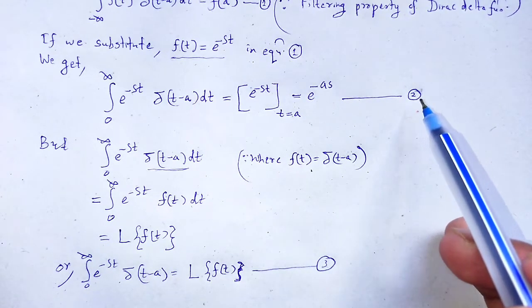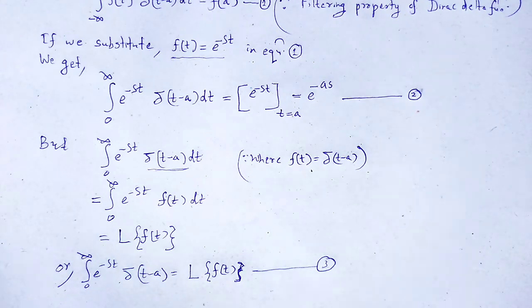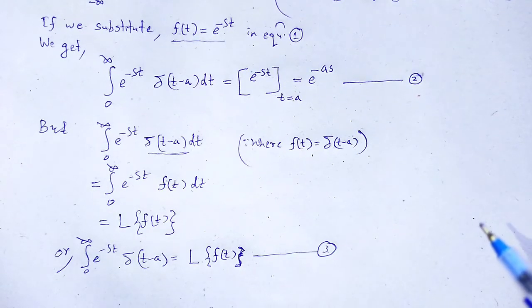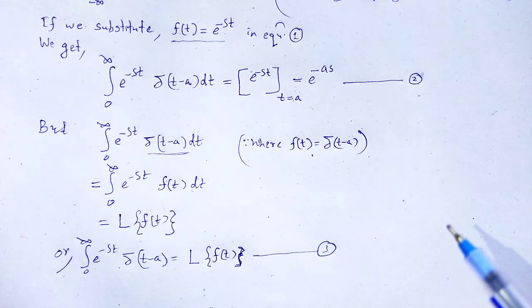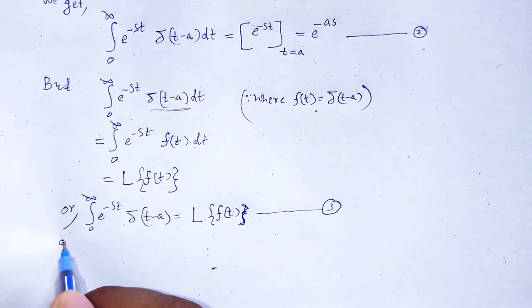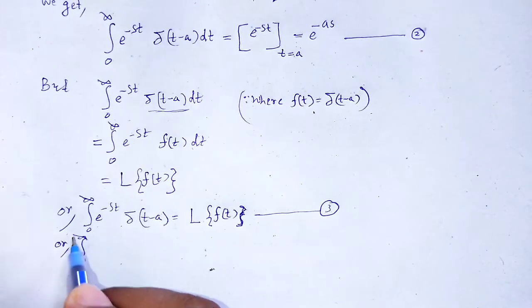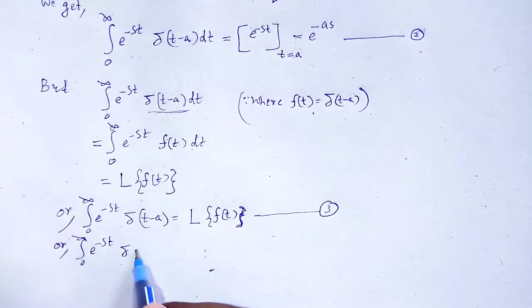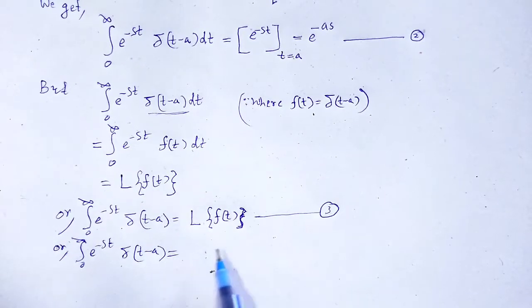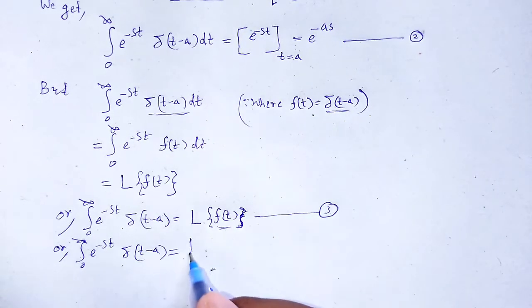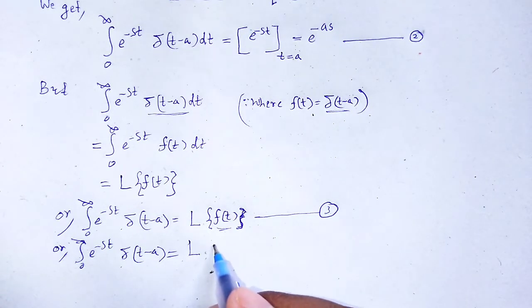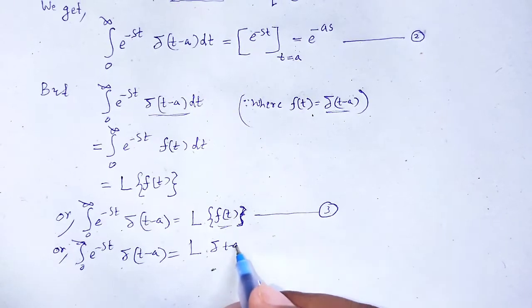When we compare equation number 2 and equation number 3, integration from 0 to infinity e to the power minus st delta of t minus a dt is equal to, in place of f of t, as we substitute delta of t minus a, Laplace transform of delta of t minus a.